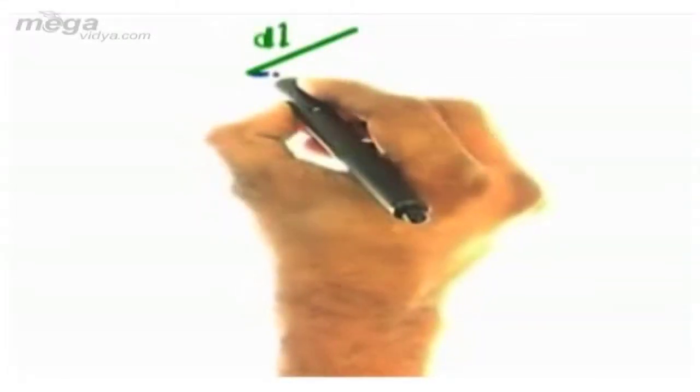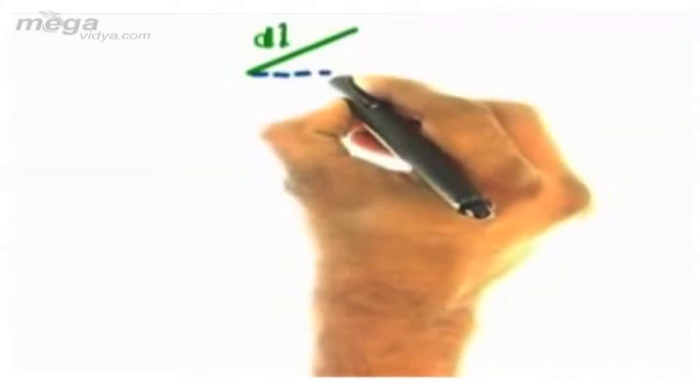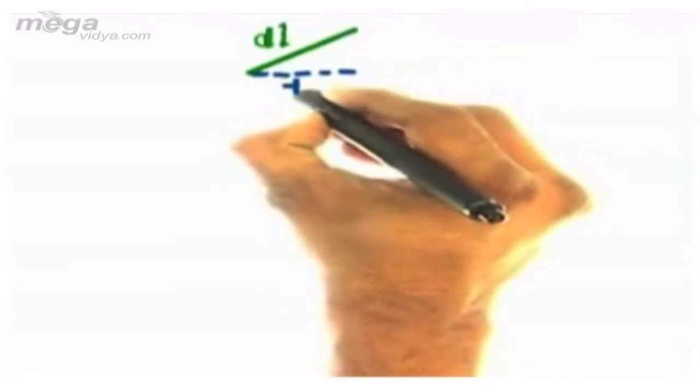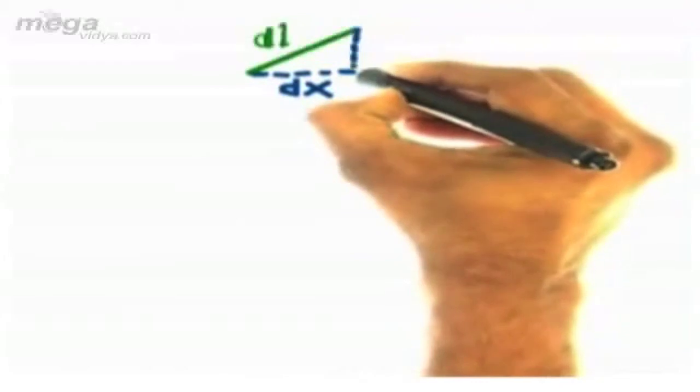If we talk about the shifting during this traveled length dl, then the shifts in the x direction and y direction are dx and dy.